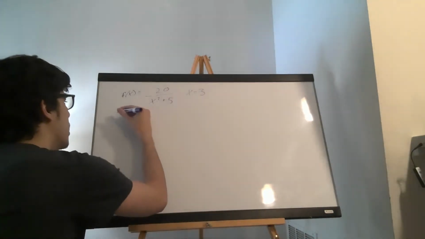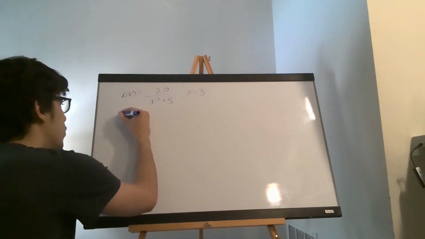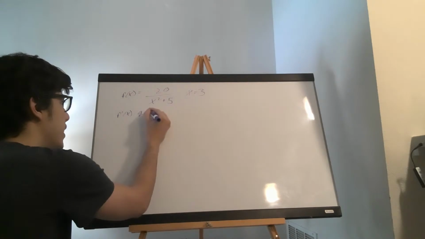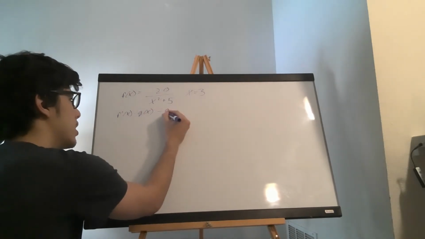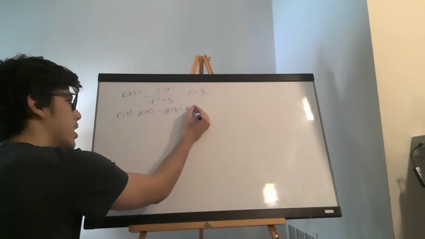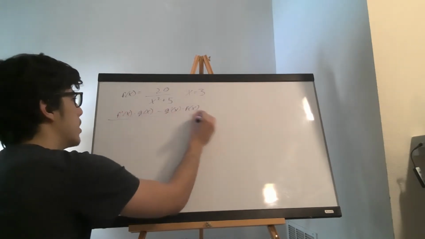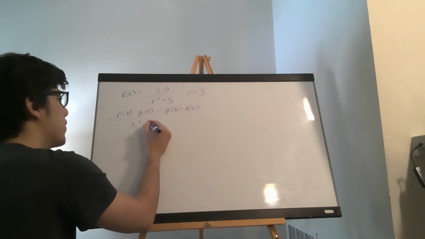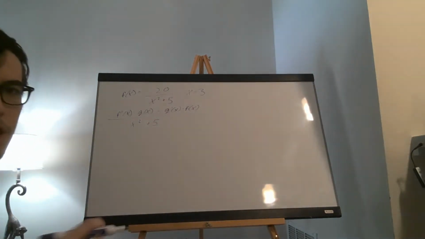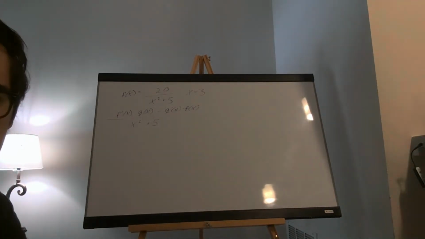You guys remember yesterday, the quotient rule: f prime of x times g of x minus g prime of x times f of x, all over x squared plus 5. So let's identify f prime of x, f of x, g of x.